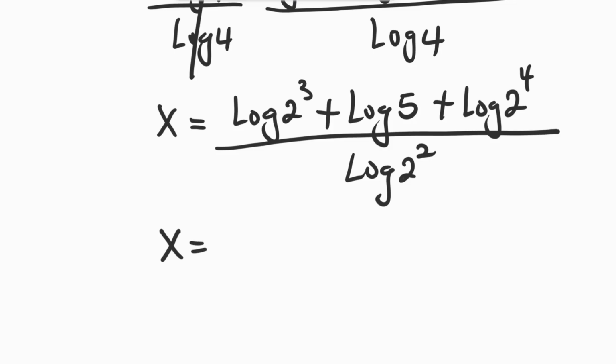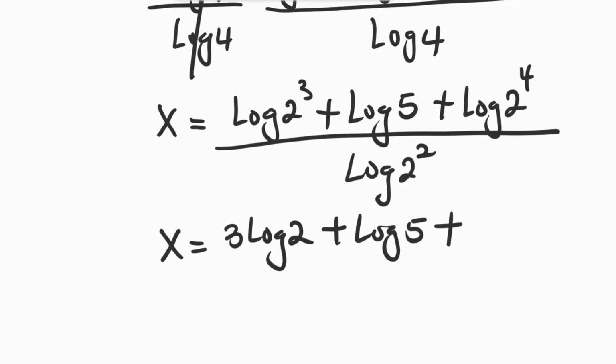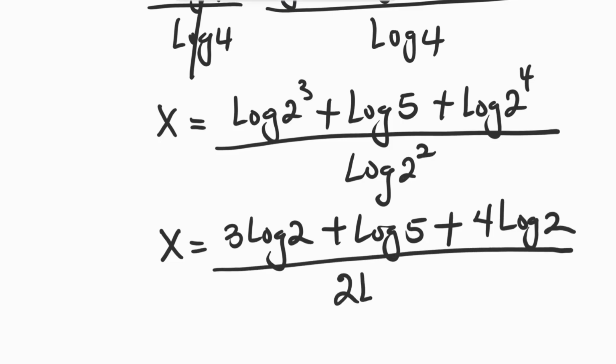And all these, what we have on the right hand side, can simplify to 3 log 2 from the earlier log rule that was stated, plus log 5 plus 4 log 2, all divided by 2 log 2.